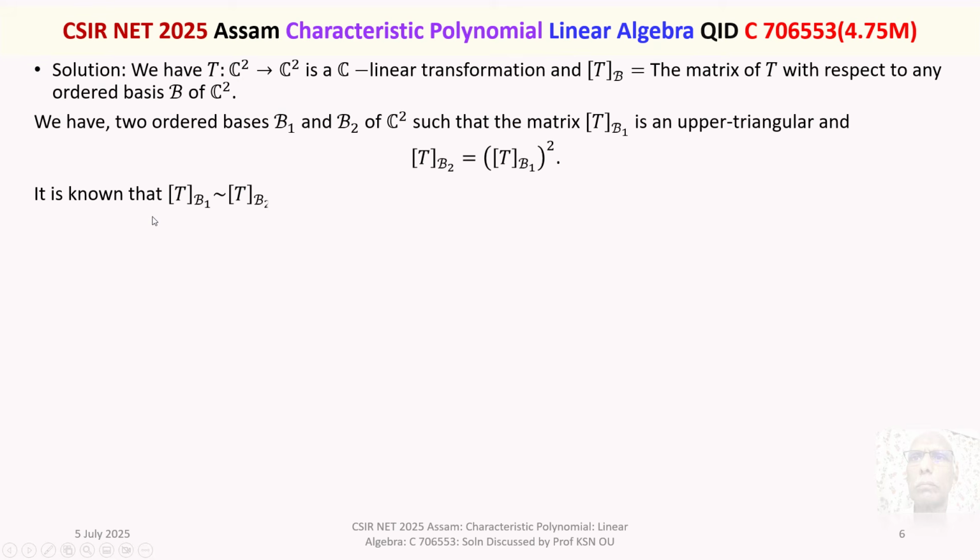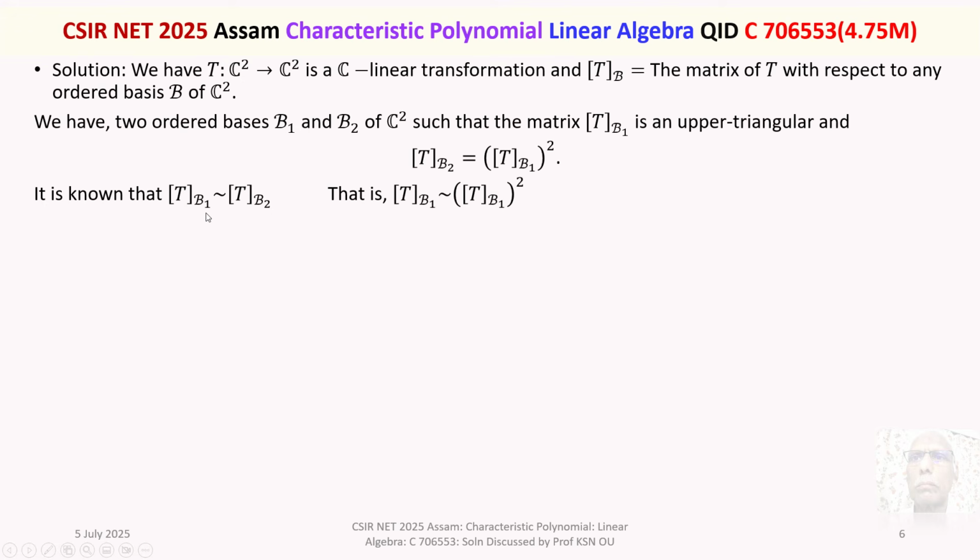It is known that the matrix of T with respect to B1 is similar to the matrix of T with respect to B2. Why? Because B1 and B2 are two ordered bases of C square, and bracket T B1 and bracket T B2 are the matrices of the same linear transformation T with respect to two different bases.